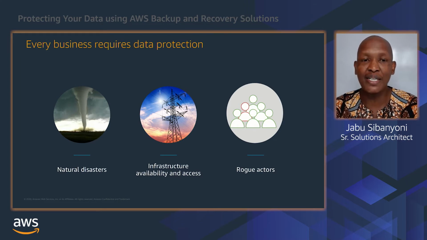So every organization needs to protect their critical assets, such as data, and safeguard them against ransomware. This is also to protect your data against natural disasters, emergencies, or technical failures.